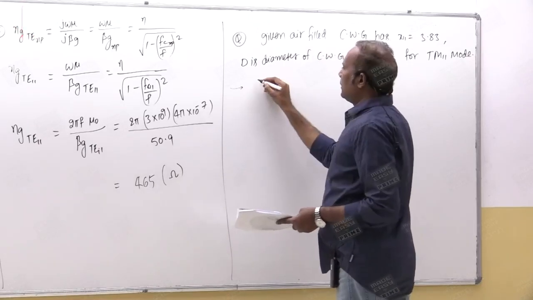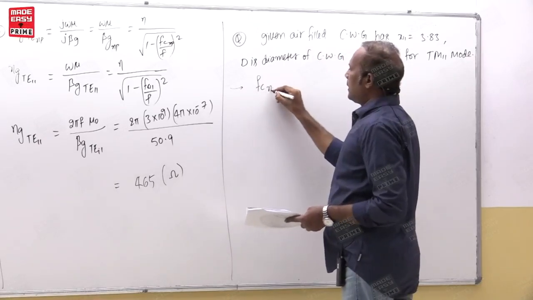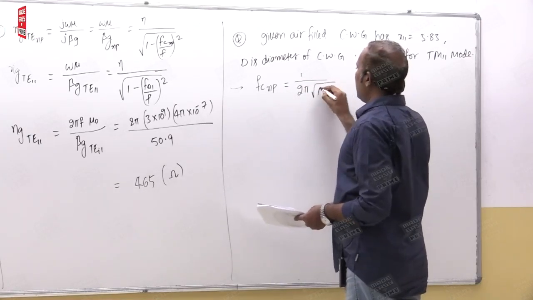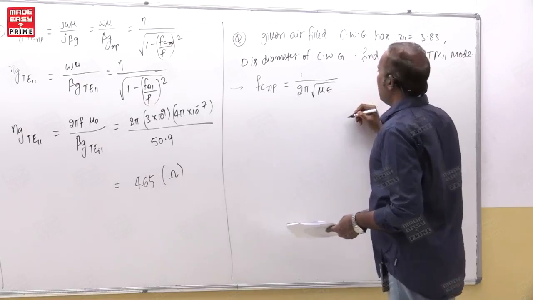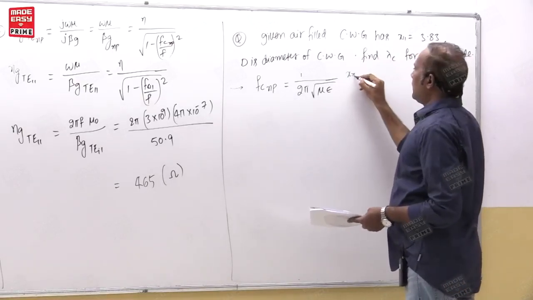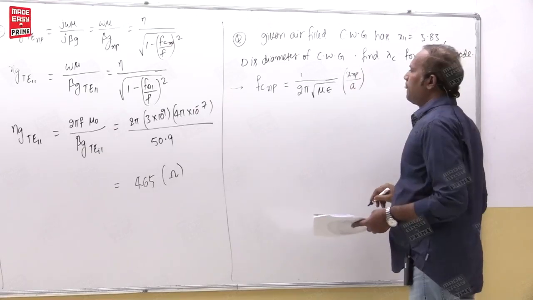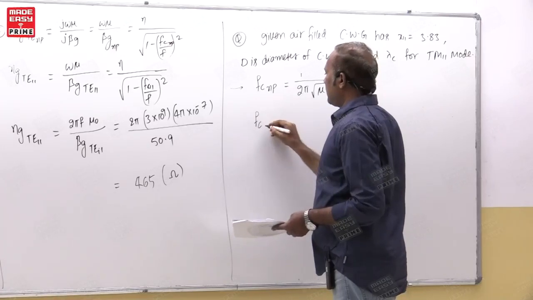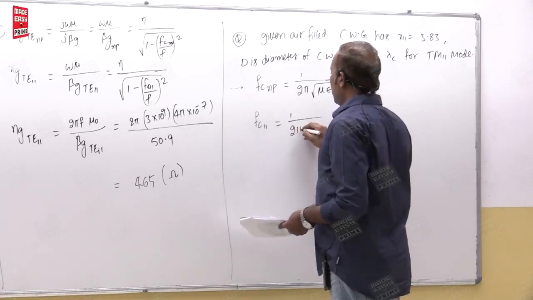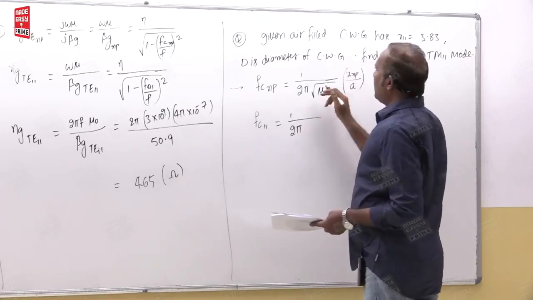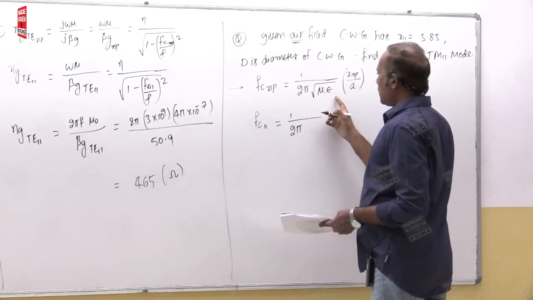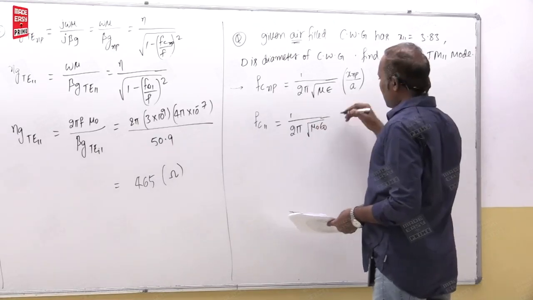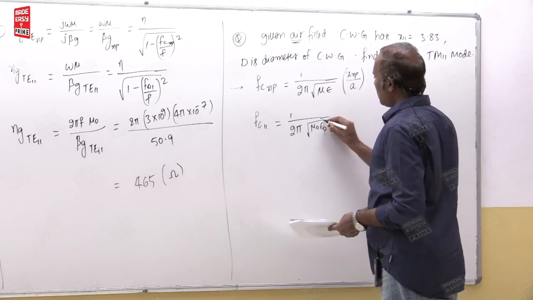Now we know that fc np mode is equal to 1 by 2 pi root mu epsilon, then xnp divided by a. So here it is given fc11 mode, 2 pi, right? Then air filled means what, students? Root mu naught epsilon naught you have to take. One more step I am writing because then I will substitute.